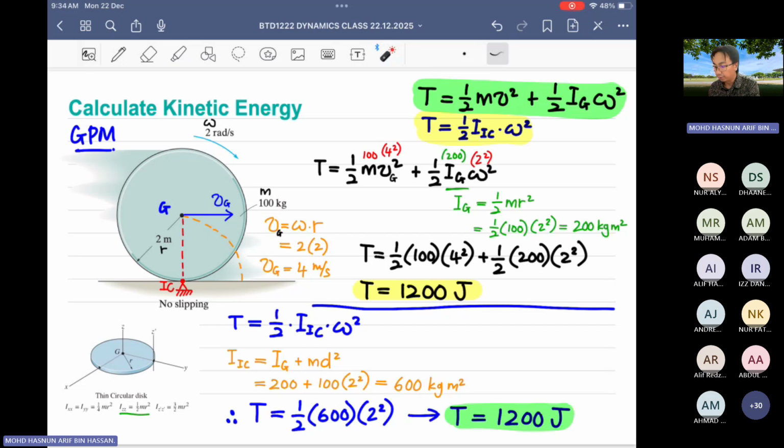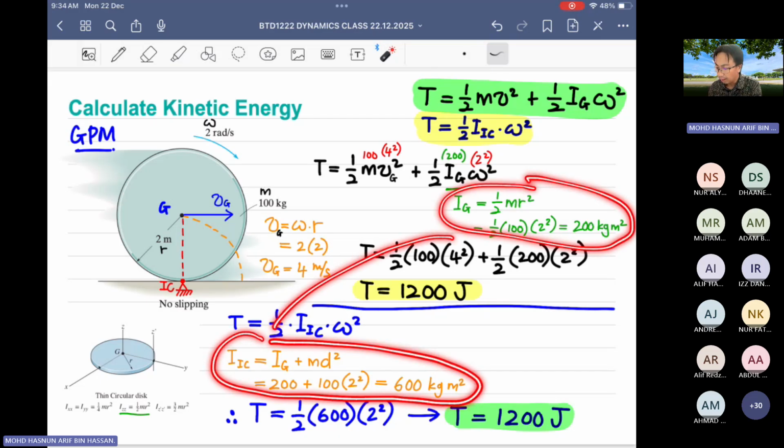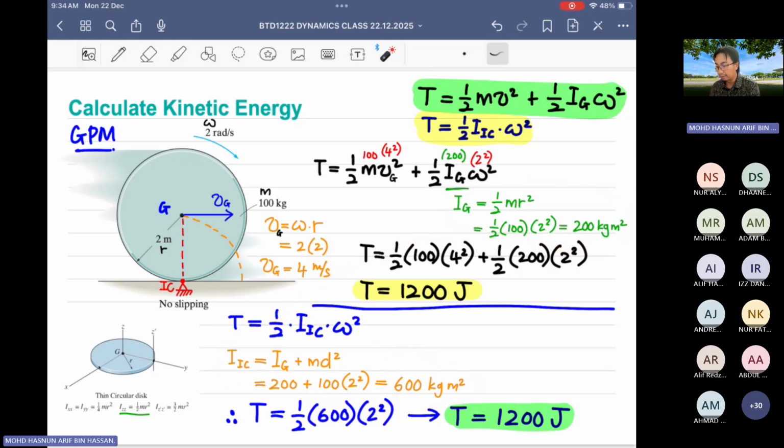But if you ask me, I truly recommend that you use the second equation, because it is much shorter. You only need to find IG first, and then from IG you can find the IIC using the parallel axis theorem, and finally get the value of kinetic energy.